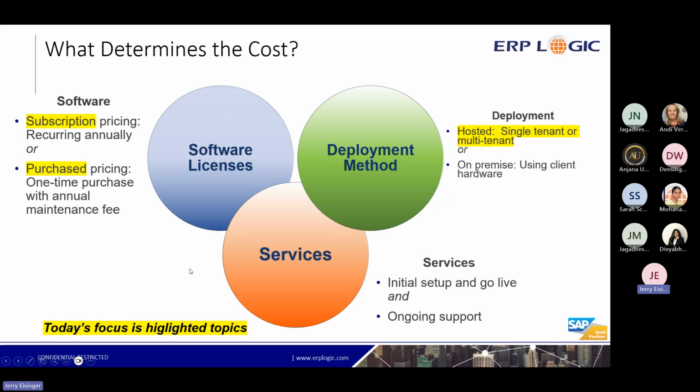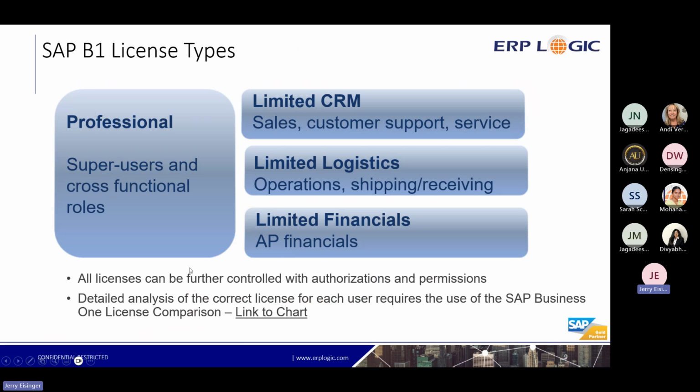So to talk about the software licenses, again, we're talking about SAP Business One specifically. There's really 4 different license types that are available. There's a professional, and the professional license basically gives you access to everything in the system. So your super user will be a professional license, and many other users in the company would be as well, but they would be people who perform cross-functional roles and who need access to everything that the system has to offer.